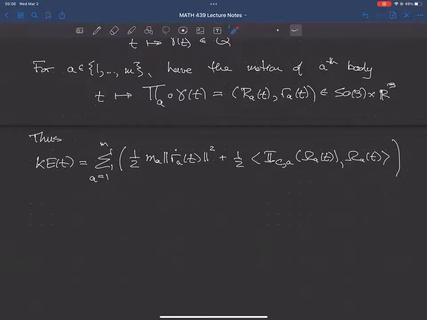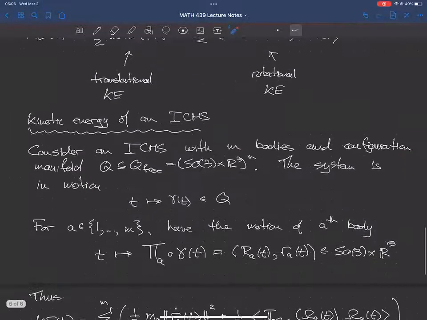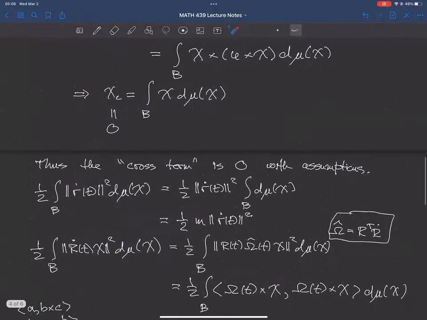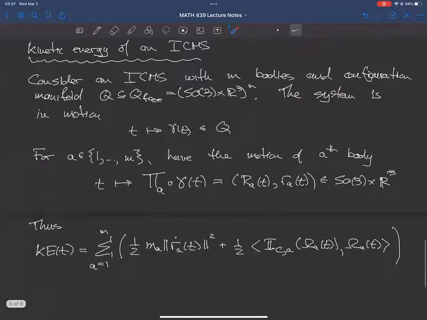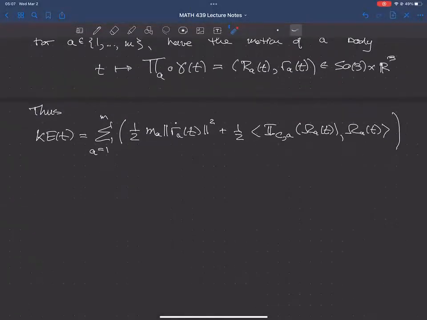Now what I want to do is not think of the kinetic energy as a function of time. I want to think of it as a function of position and velocity. And you can see that's indeed what it's going to be, velocity here, and in fact omega also encodes position as well. So this thing is in fact a function of position and velocity.